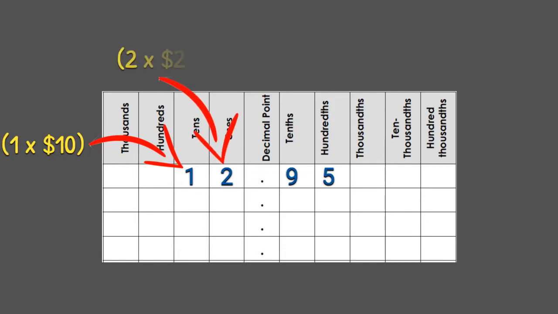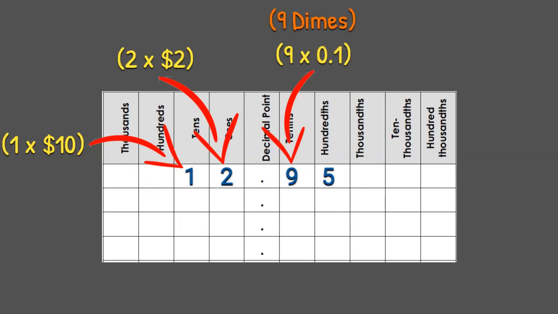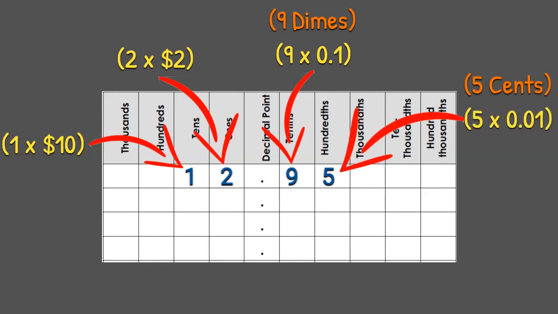Then we have 2 in the ones column, which means 2 $1 bills, which gives us $12 in total. Then we have a 9 in the tenths column. Well, that could be 9 dimes or 90 cents. And then we have a 5 in the hundredths column, which would be 5 cents.